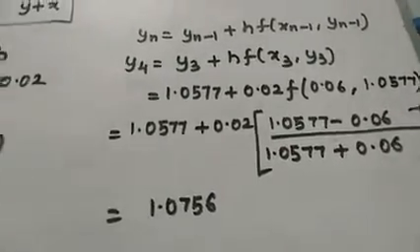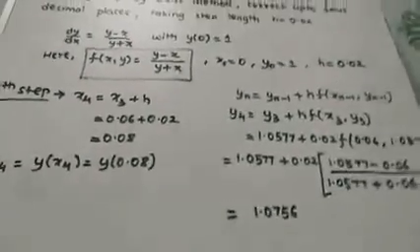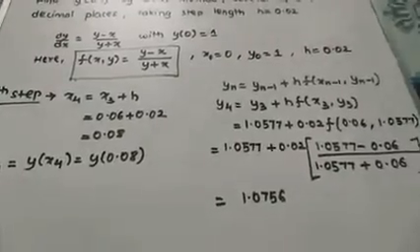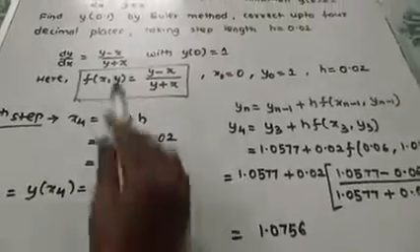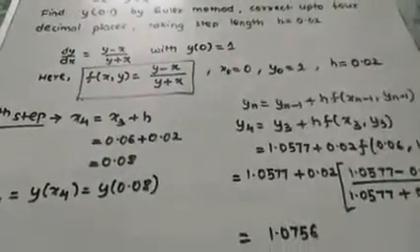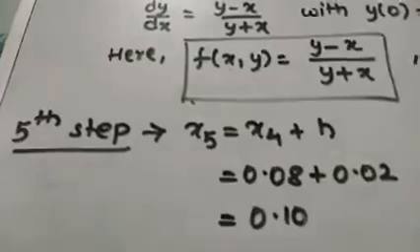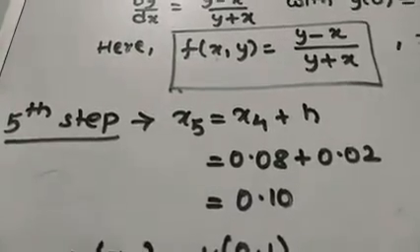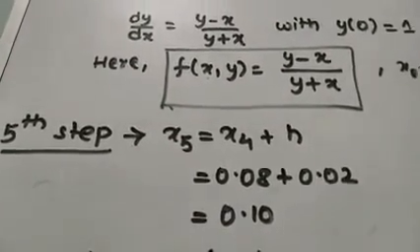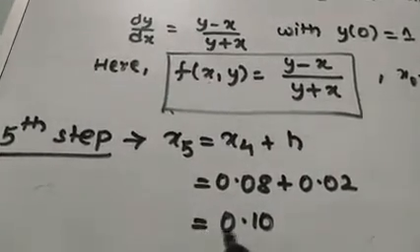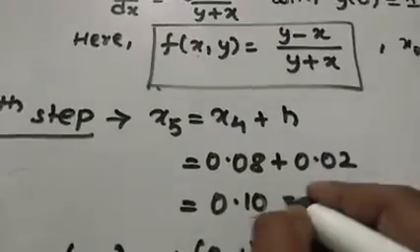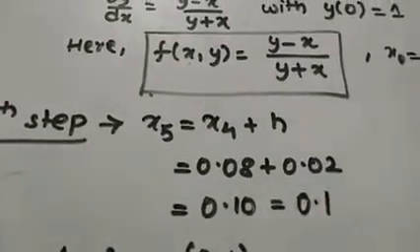Okay, so now the next step, that means we have to go to step number 5, because still we are finding y of 0.08, but what we required is y of 0.1. So the fifth step is x5 equals x4 plus h. x4 was 0.08 plus 0.02 is 0.10, or 0.10 can be written as 0.1.